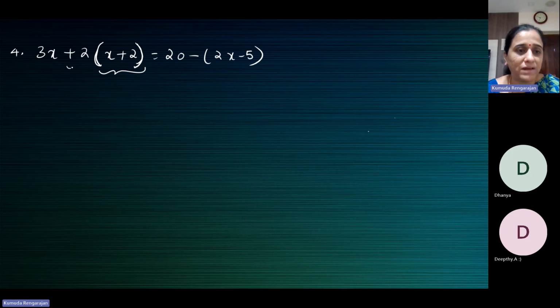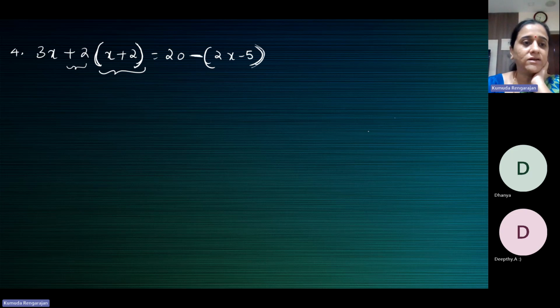So you'll have to multiply plus 2 with the terms inside the bracket. But here, when you look outside the bracket, you got your sign, minus is there. So you need to multiply the contents of this bracket only with the minus sign, not with 20.